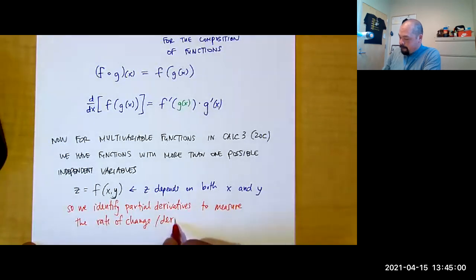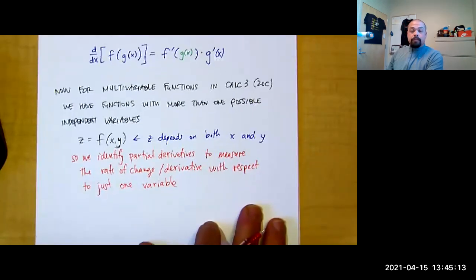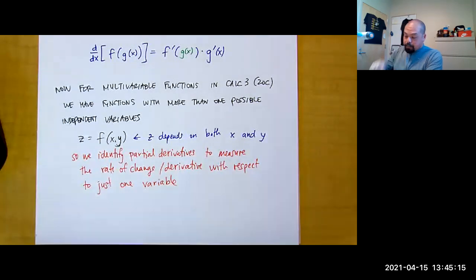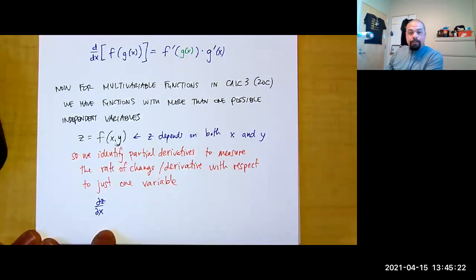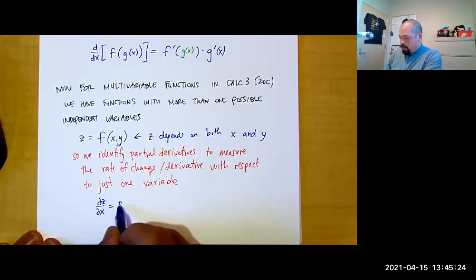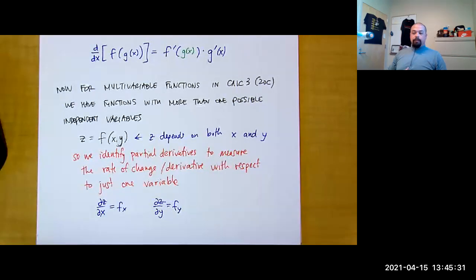That derivative with respect to just one of those two variables. And we saw, right, dz dx, that little curly d, if you will, for that partial, right, that f sub x, dz dy, f sub y, in that notation.